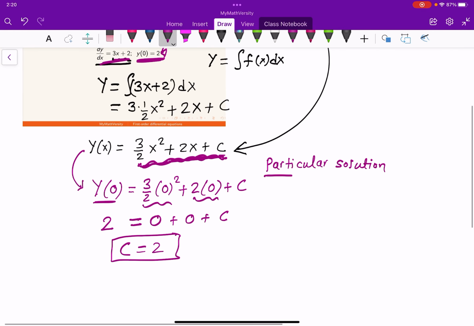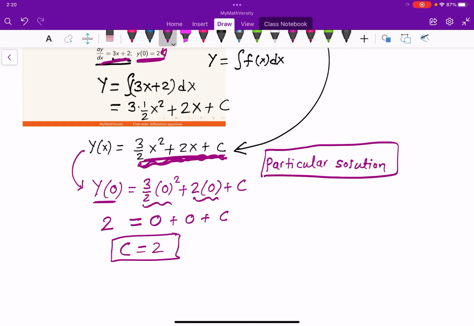But what is the particular solution then? The particular solution would be y equals 3/2 x squared plus 2x, plus that constant, which is whatever we have just figured out, which satisfies the initial condition.